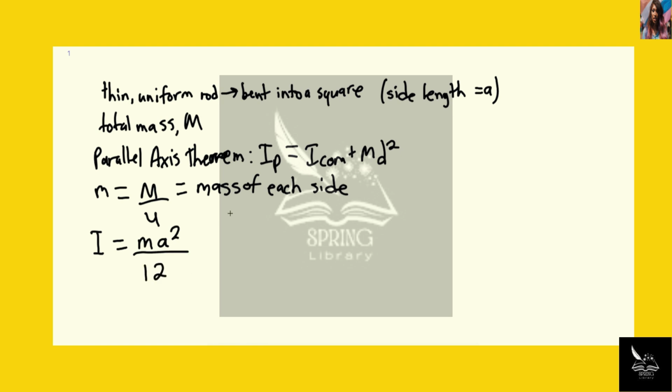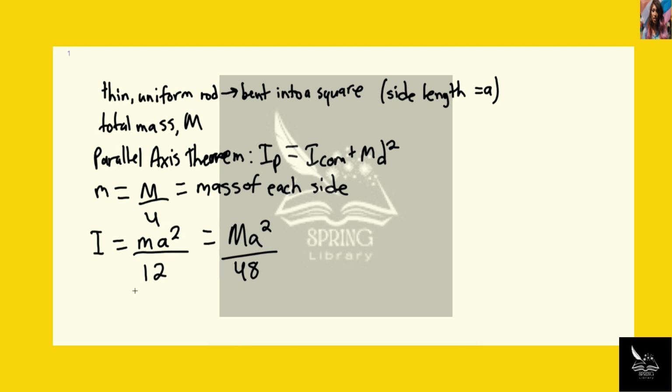Because again, ma squared over 12 is simply the formula for the moment of inertia of a slender rod, where the axis is passing through the center of the side of the square, through the rod, essentially. So this again will be capital M a squared over 48, because after we substitute m equals capital M over 4, this becomes Ma squared over 48.